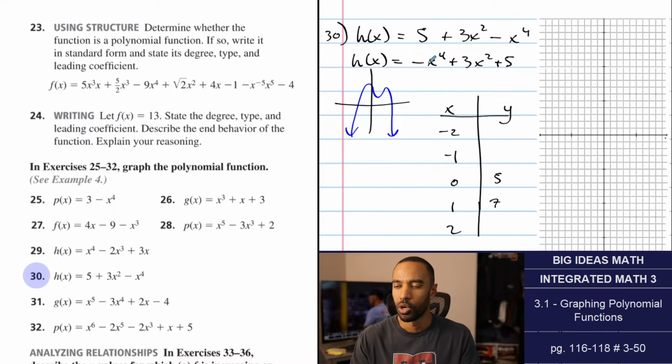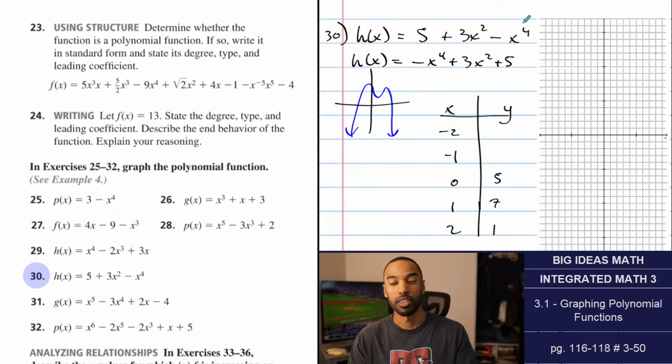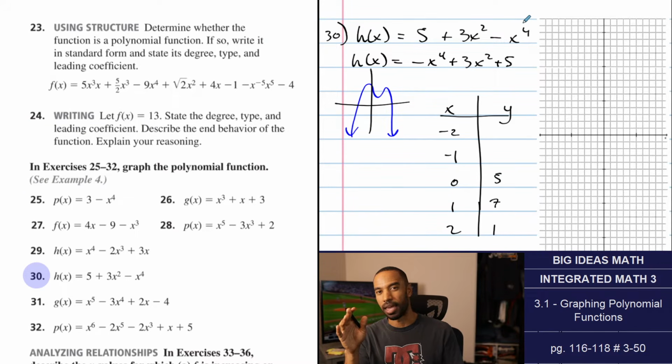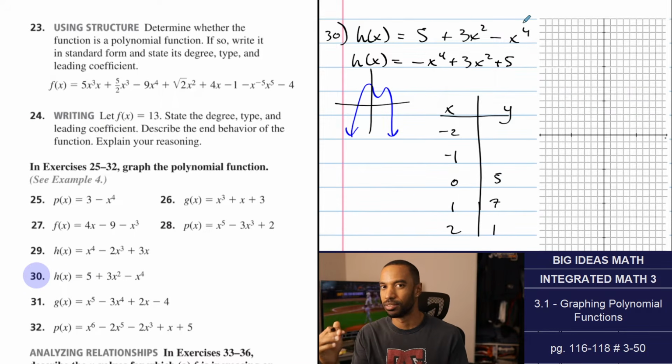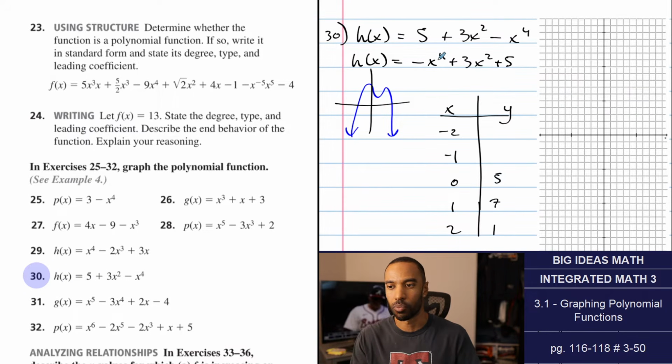Plug in 2, we get -16 plus 12, that's -4, plus 5 is 1. Plug in -1. And by the way, I'm doing this in my head. You don't have to do it in your head. You can write out all the other stuff.